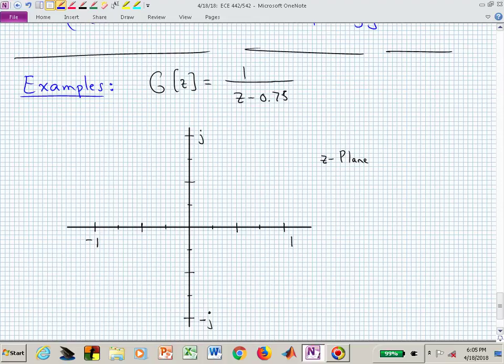If they drew this tic-tac-toe board, that's really what we're suggesting you do now. Can you put down the poles and the zeros on the z-plane for your given plant? And that shouldn't be hard, right? Now we have a pole right there at 0.75.